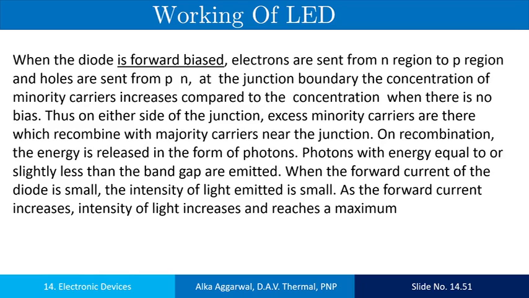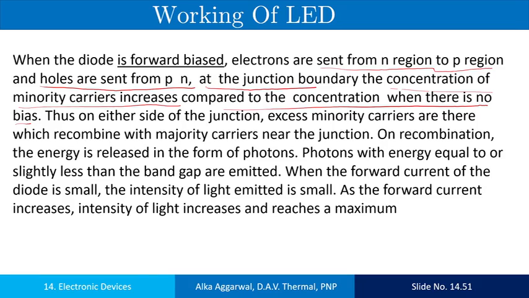When the diode is forward biased, electrons from the N region move to the P region and the holes from the P move to the N. At the junction boundary, the concentration of minority carriers increases compared to the concentration when there is no biasing.